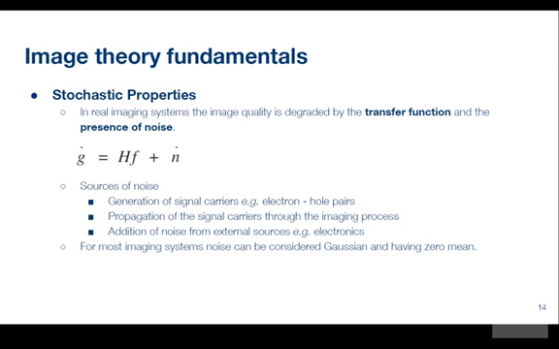vary stochastically. The next point is that for most imaging systems, the detection of the signal and the production of the output signal is a multi-stage process. So we might have to detect some electron-hole pairs, for example, and then subsequently we need to collect those, and then that electronic signal is amplified and so on.